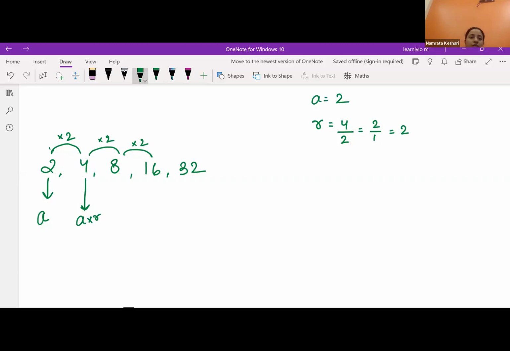Just see the numbers and tell me. Can I write the second term as a into r? Your a is 2 and your r is 2. So can I write the second term as a into r? Yes or no? Yes. Okay, let me show you the next term.